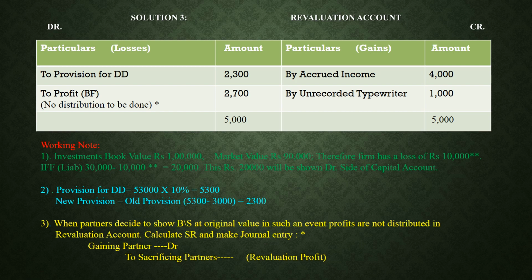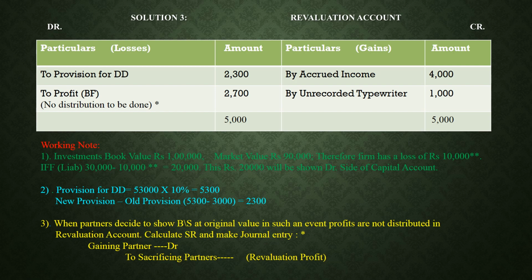Next adjustment is related to accrued income. Accrued income is a part of unrecorded assets which will be our benefit, hence it would be recorded on credit side of revaluation account and full amount of 4,000 would be recorded on credit side.